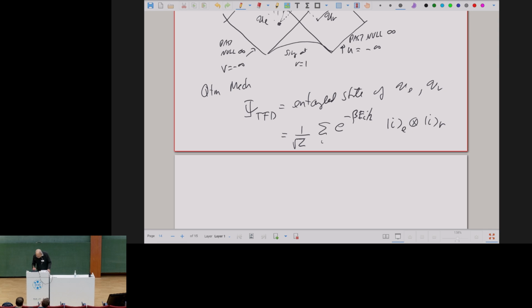So, in general, we have two quantum systems A and B, and we have a state psi AB in HA tensor HB. And there are corresponding density matrices.